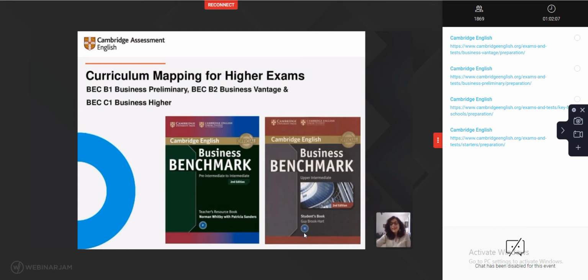the Business Benchmark. In fact, not only does this contain tasks that you will find ready to use and prepare your students for, it also familiarizes you with several pedagogical aspects that will be very good for you as a teacher, because it comes with directions for the teacher, as in the kind of interaction patterns she needs to set up, the classroom management techniques which she needs to follow, or the guided discovery approach, for instance, which is a way of introducing new material, and so on and so forth.